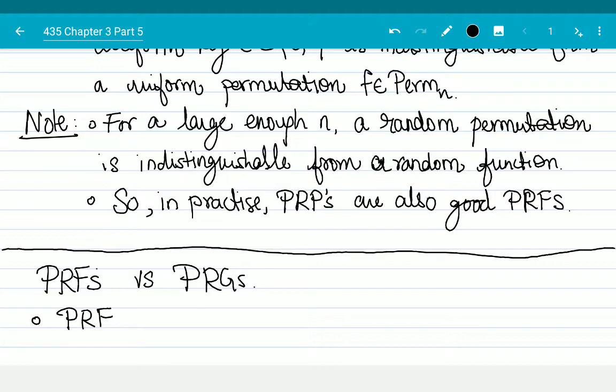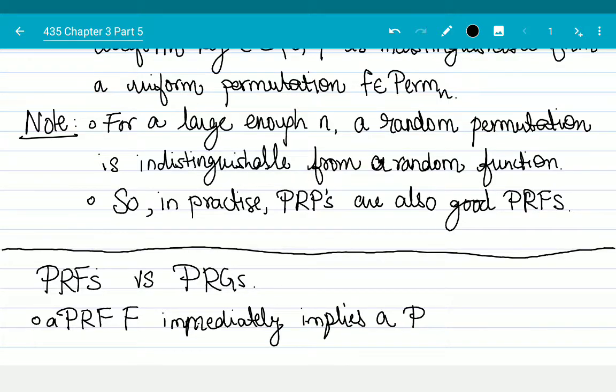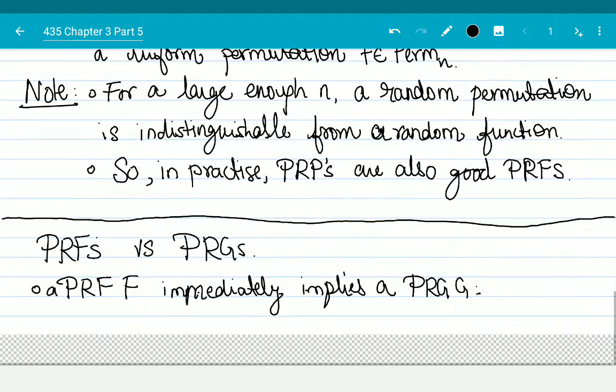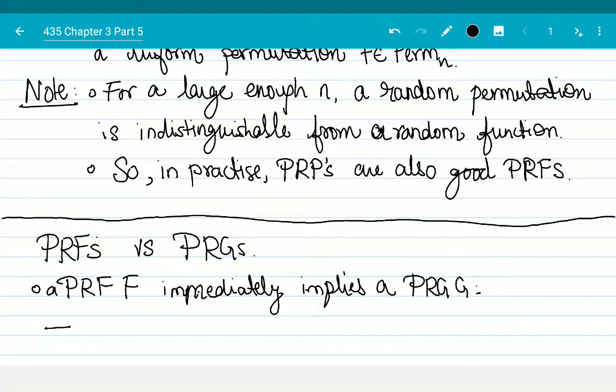A PRF f immediately implies a PRG G. And the method of construction is as follows.